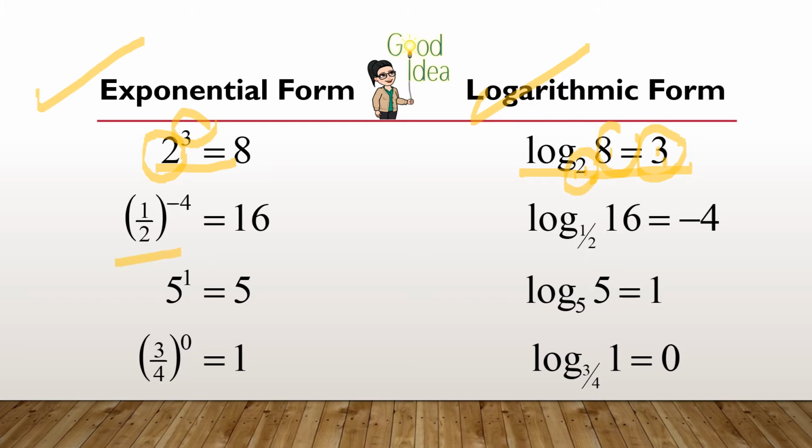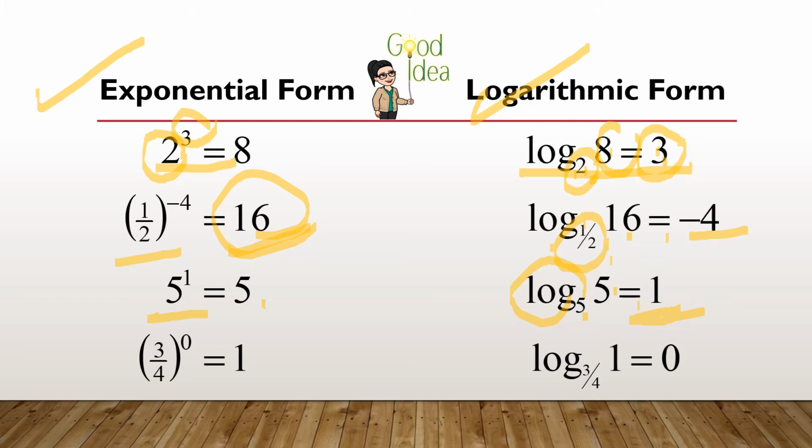Next, 1/2 raised to negative 4 is equal to 16. It's the same as log of 16 to base 1/2 is equal to negative 4. Next, 5 raised to 1 is equal to 5. In logarithm, logarithm of 5 to base 5 is equal to 1.